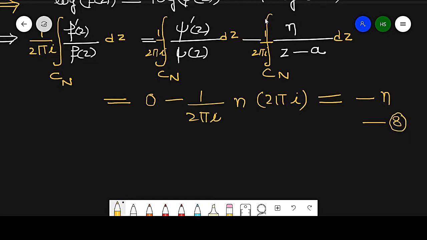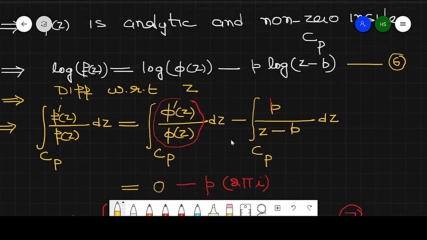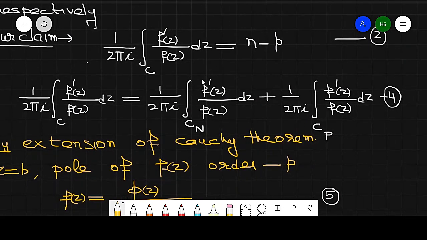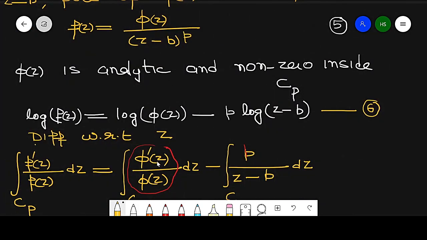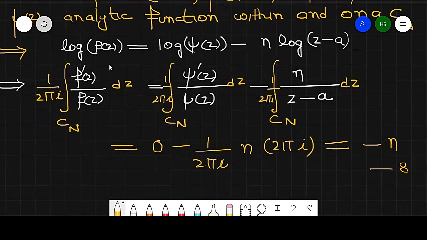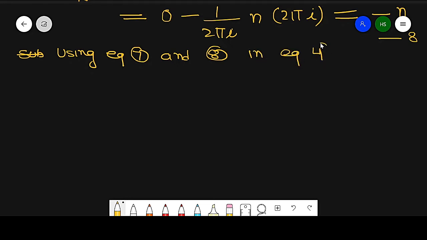Now equation number 7 and 8, we just substitute in equation number 4. So what do we get?